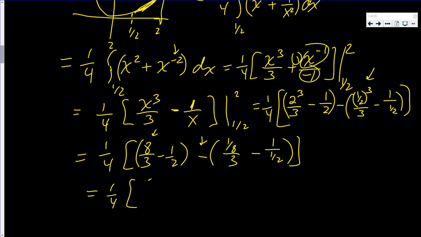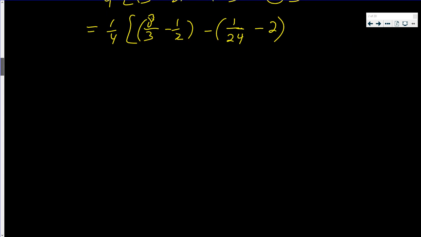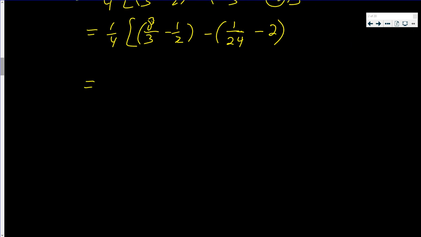Okay, so we have 8/3 minus 1/2. If I multiply the denominator by 8, I get 24. If I multiply the bottom by 2, I get 1, which I won't even write. If I multiply the top by 2, I get 2. Okay, looks like I'm stuck getting a 24 in the denominator, which I will factor out.